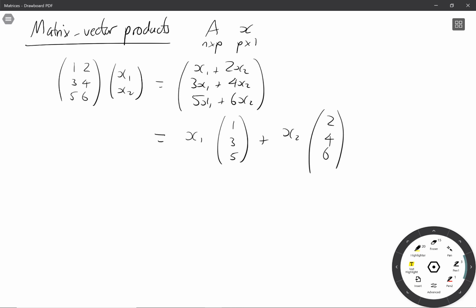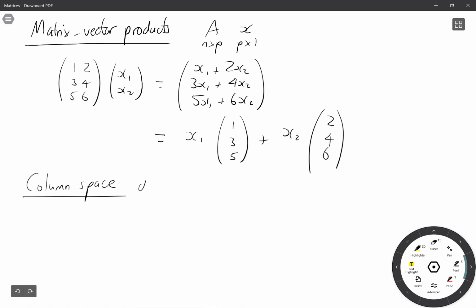So this emphasizes that a matrix times a vector is another vector, and it leads us to the concept of the column space of a matrix.